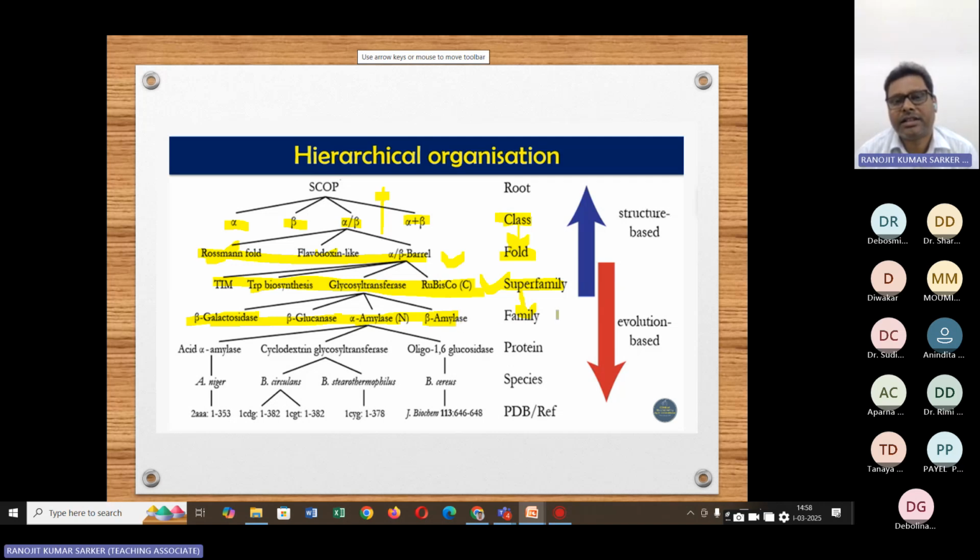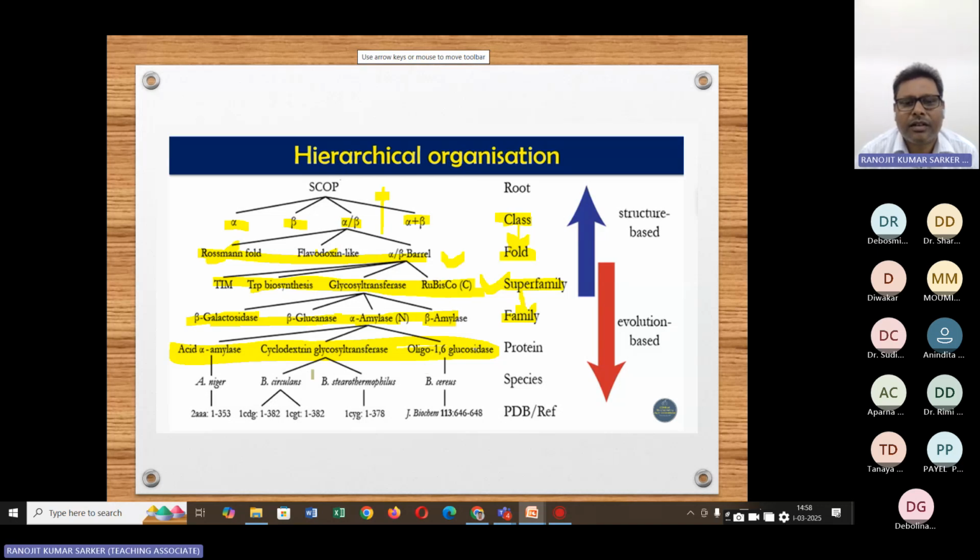And these alpha amylases belong to the class alpha/beta. Under a family, there will be several proteins. Under alpha amylase, there are so many proteins.